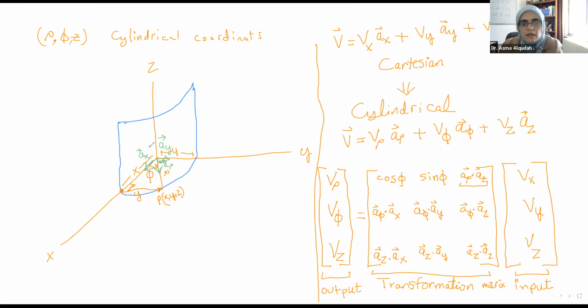Let's show it here on the diagram. This is A sub z. If we take the dot product of A sub z with A sub rho, they are perpendicular to each other, so this dot product is equal to 0.